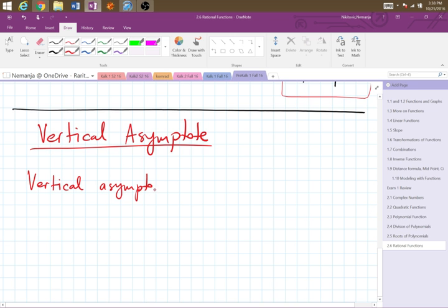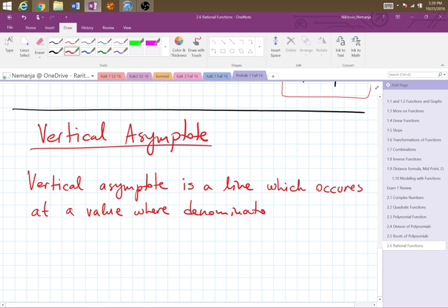Vertical asymptote is a line which occurs at a value where the denominator of the given rational function is equal to 0.